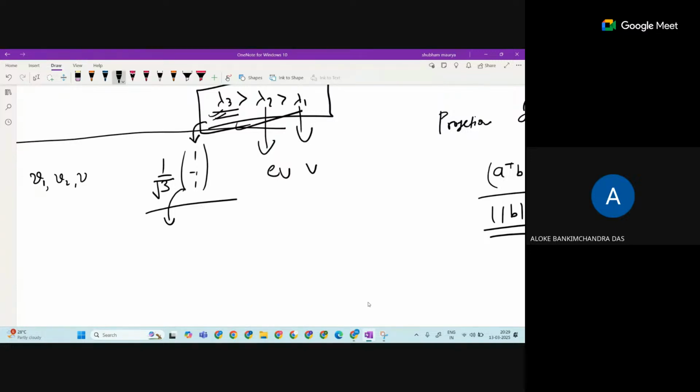So 1, 1, 1 transpose, you have to do a dot product with this principal vector, 1 by root 3, 1 minus 1, 1, and you will get the x1 tilde.